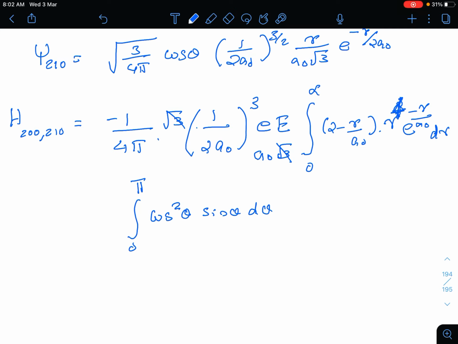Now we have to integrate this. Let me try to integrate.